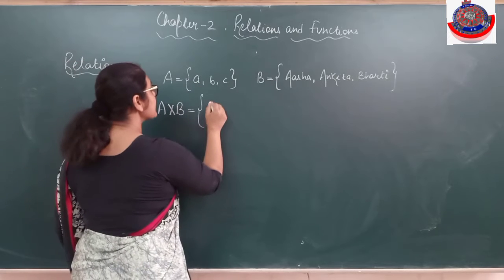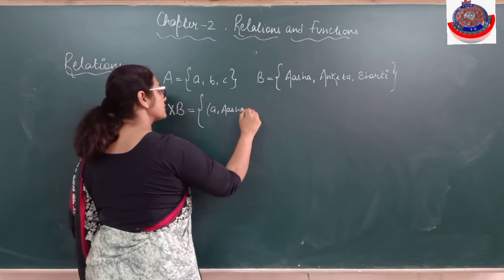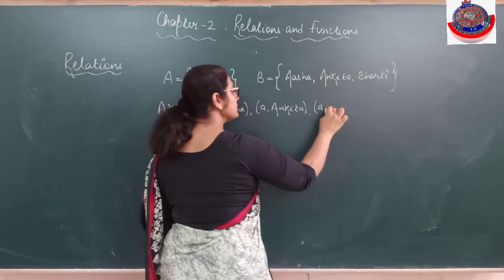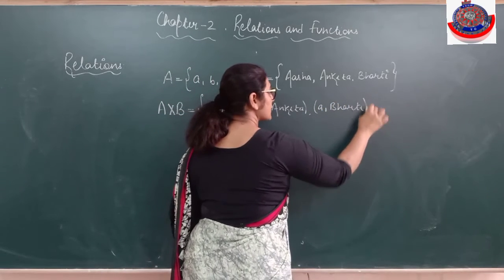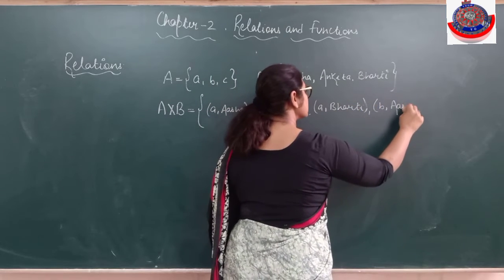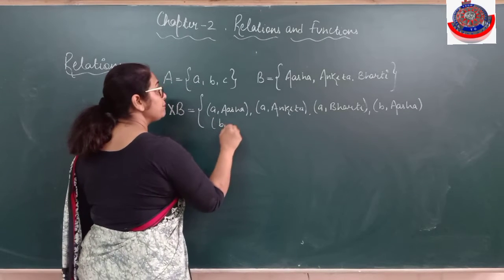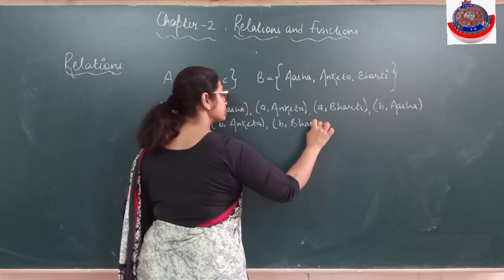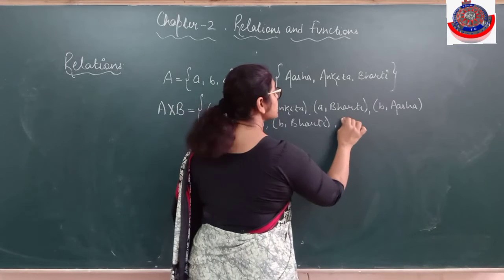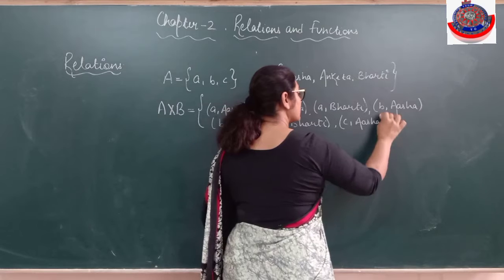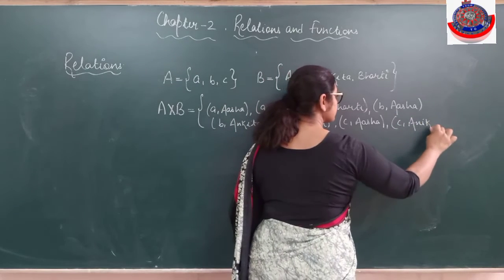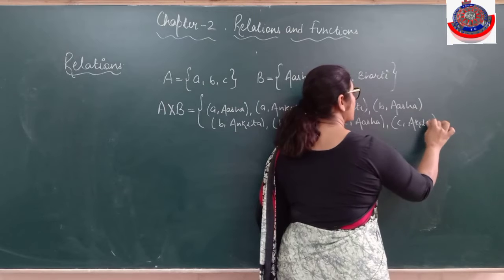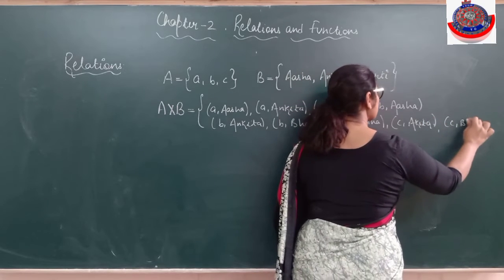That means I'll make the ordered pairs like (a, Asha), (a, Ankita), (a, Bharti), (b, Asha), (b, Ankita), (b, Bharti), then (c, Asha), (c, Ankita), (c, Bharti).